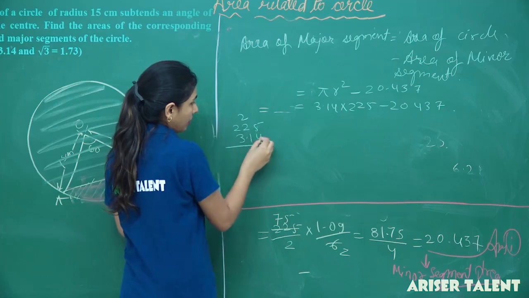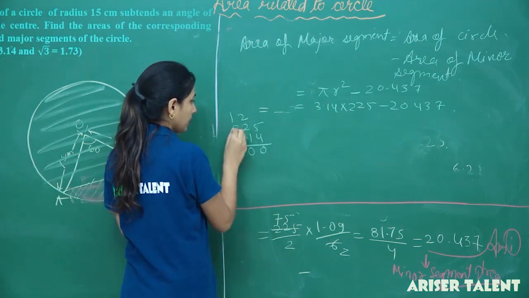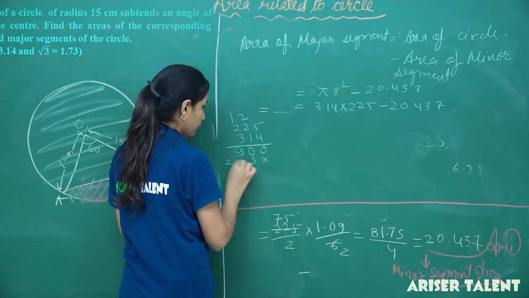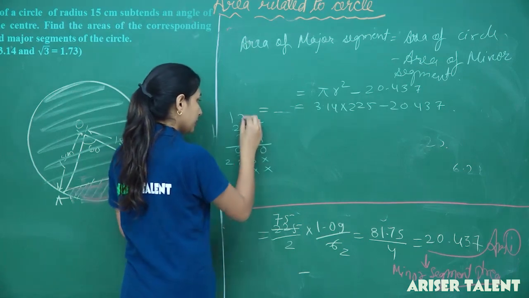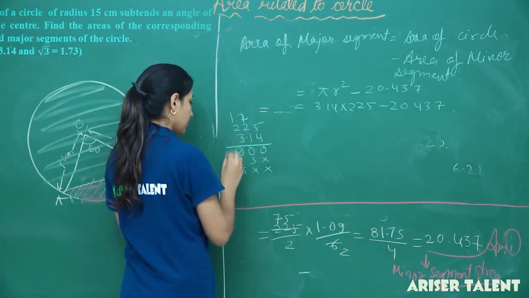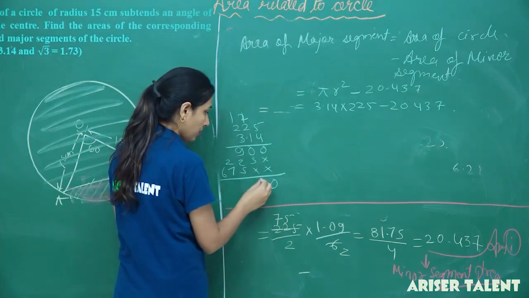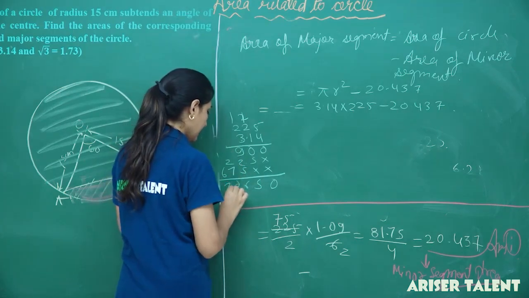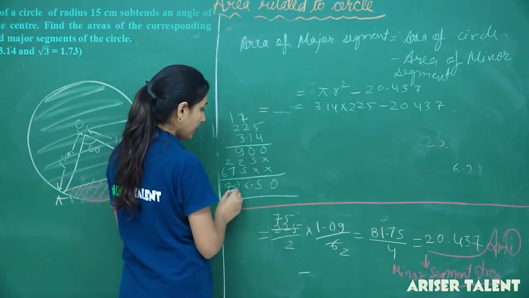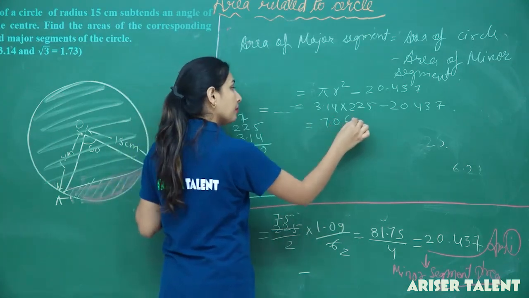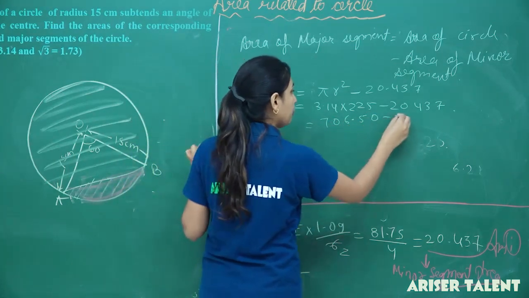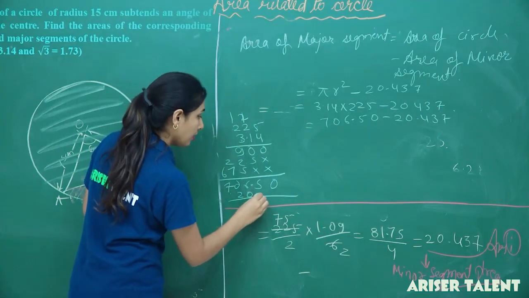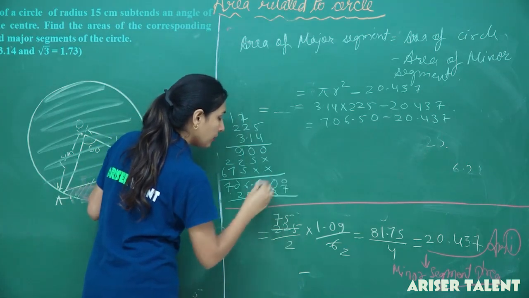That will be 706.5, and if you subtract 20.437 from that, what will it become?